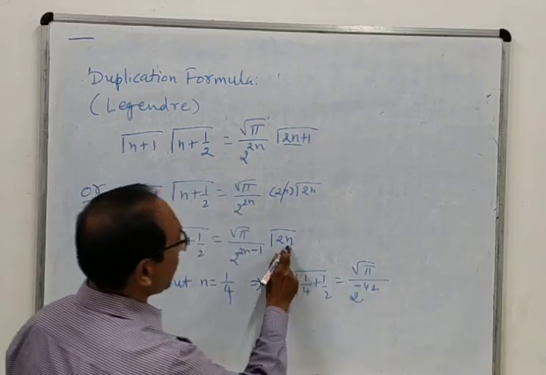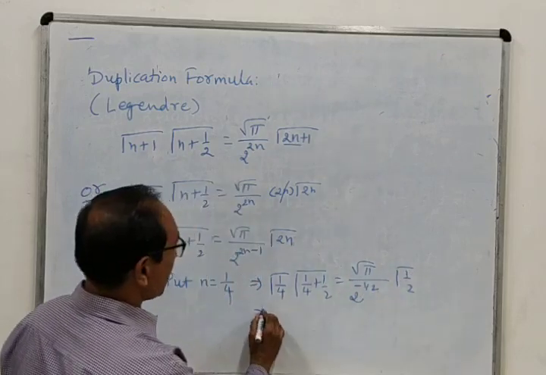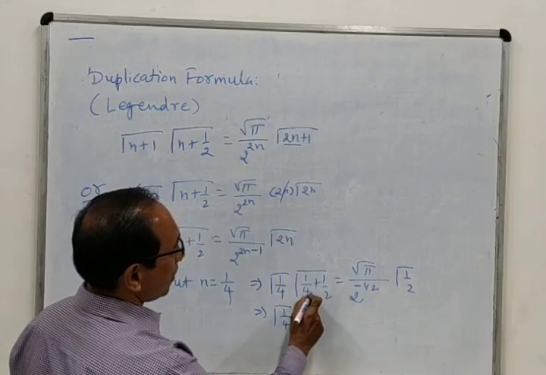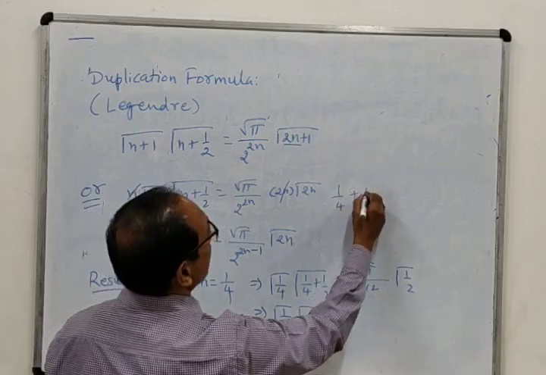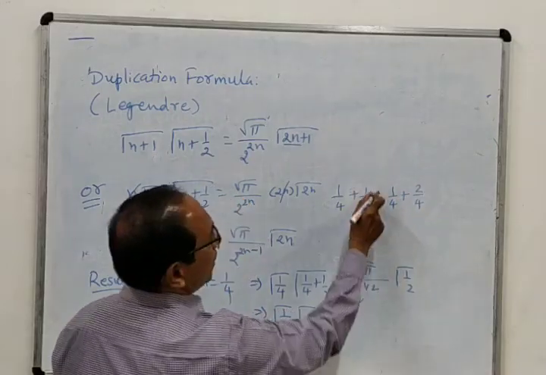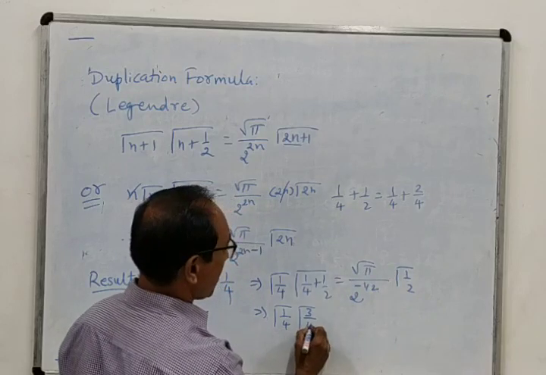And 2n is 2 by 4, so gamma 1 half. So what will we get? It is gamma 1 by 4. And 1 by 4 plus 1 half is what? 1 by 4 plus 2 by 4, so 3 by 4. So this is gamma 3 by 4.